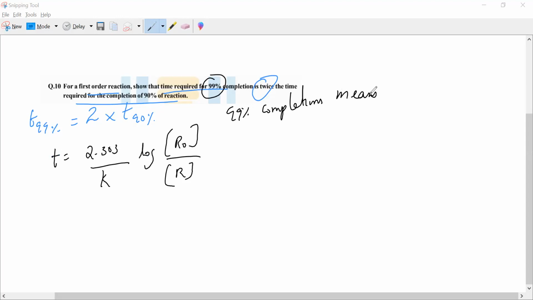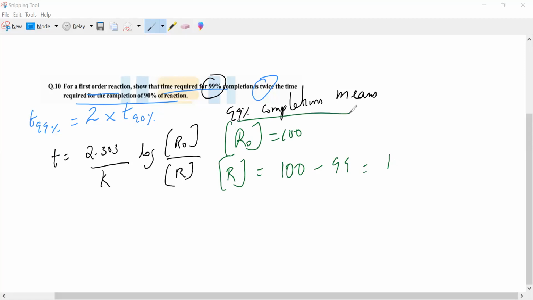In the sense, R naught, the initial concentration, is 100. So what is my R value? R value is 1. How am I getting it? 100 minus 99. That's it. Because out of 100, if 99% is completed, how much is remaining? Only 1 is remaining. Correct? Yes. This is the first one.